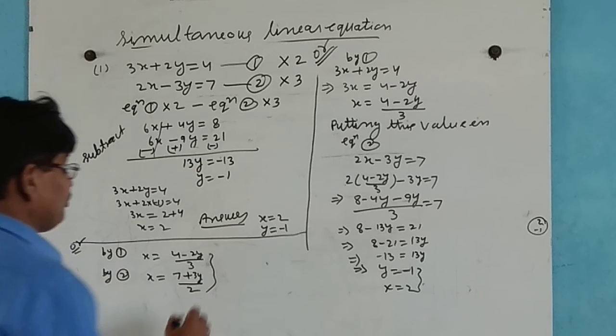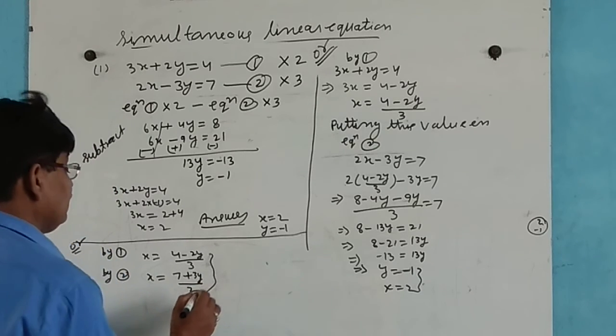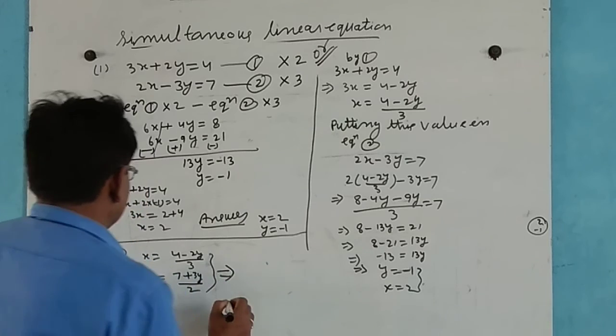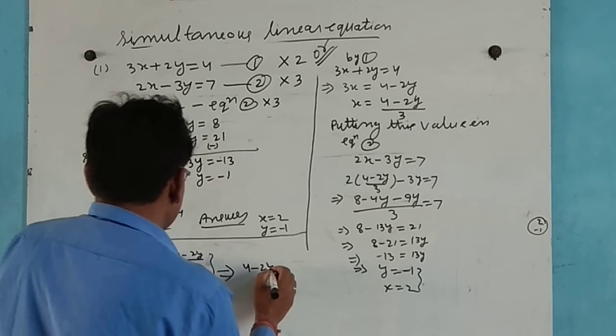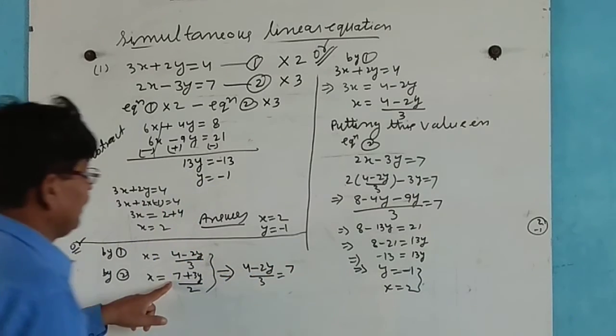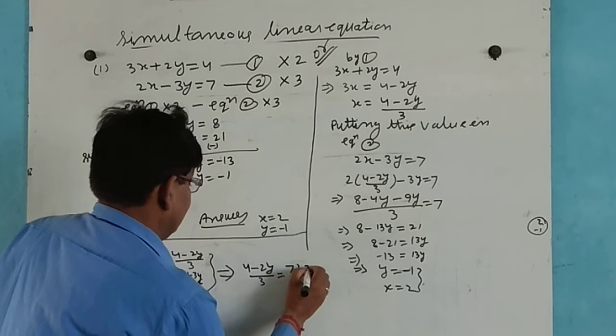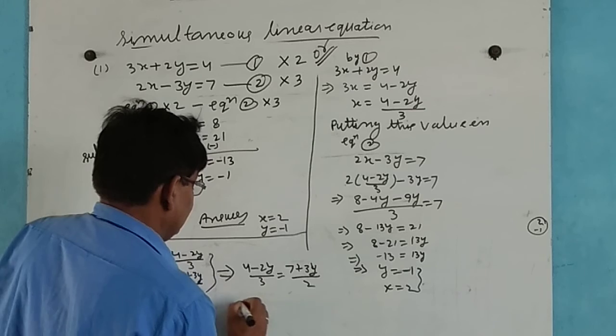Both are the value of x, so that implies 4 minus 2y divided by 3 equal to 7 plus 3y divided by 2.